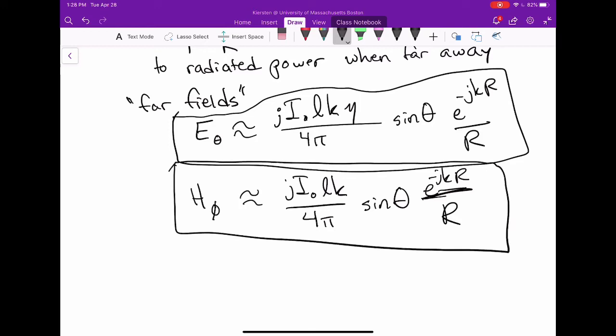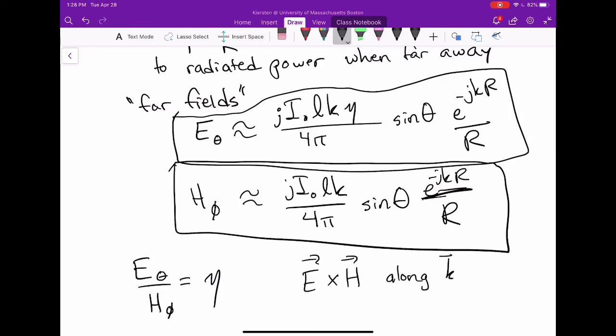The interesting thing to note about these is that they obey all of the rules for plane waves. So you've got E theta over H phi, look, it's equal to eta. And if you cross E with H, you get something that is in the k direction. But here, your propagation vector is r hat directed.